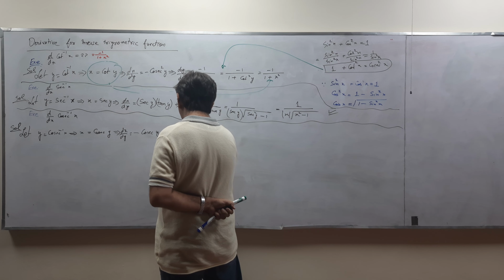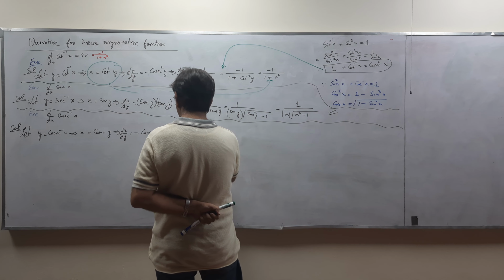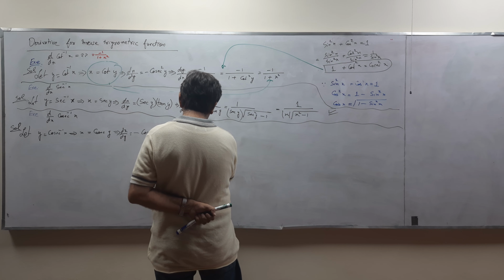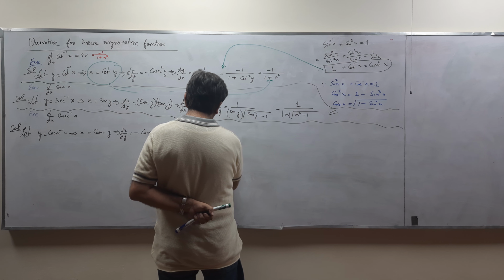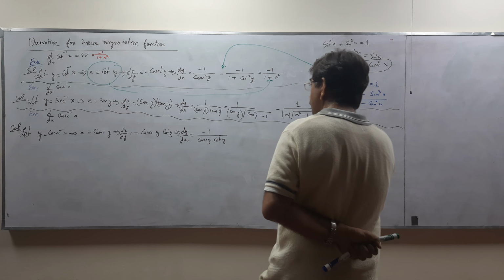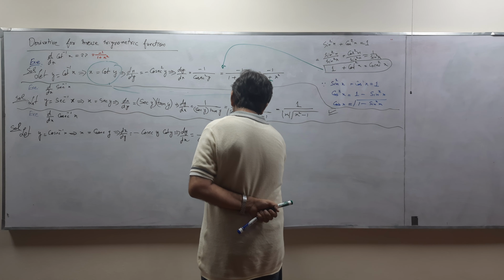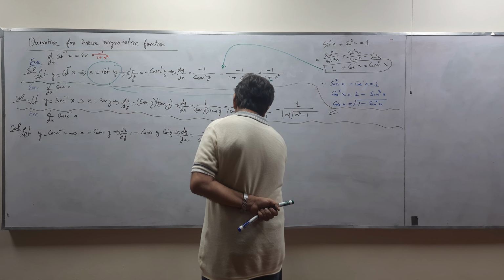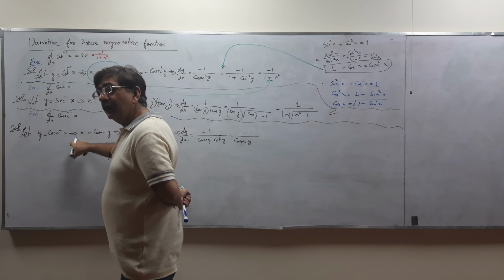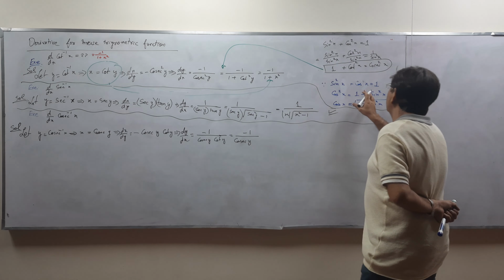So this implies that dy over dx will be equal to minus 1 over cosecant y cot y. Because cosecant y is equal to x, we have to convert the cot y into cosecant y.